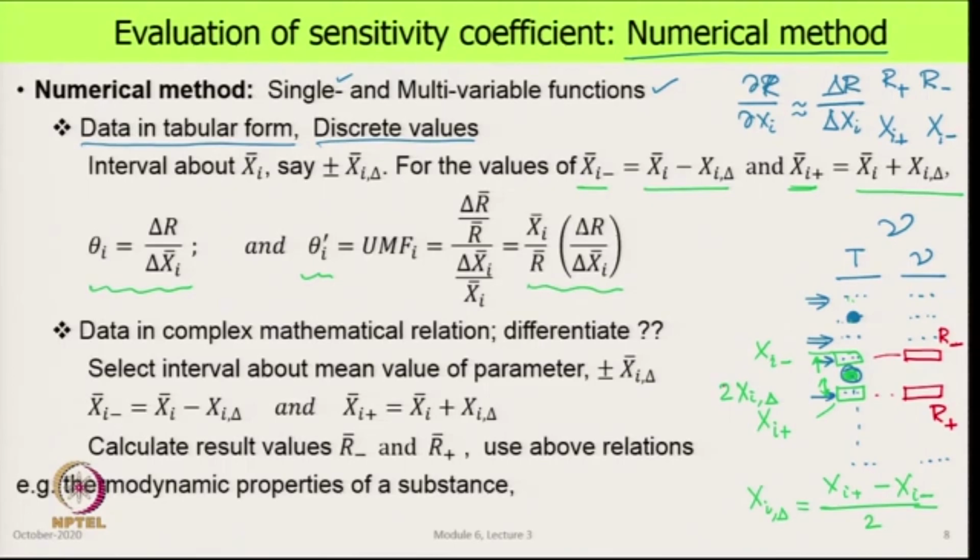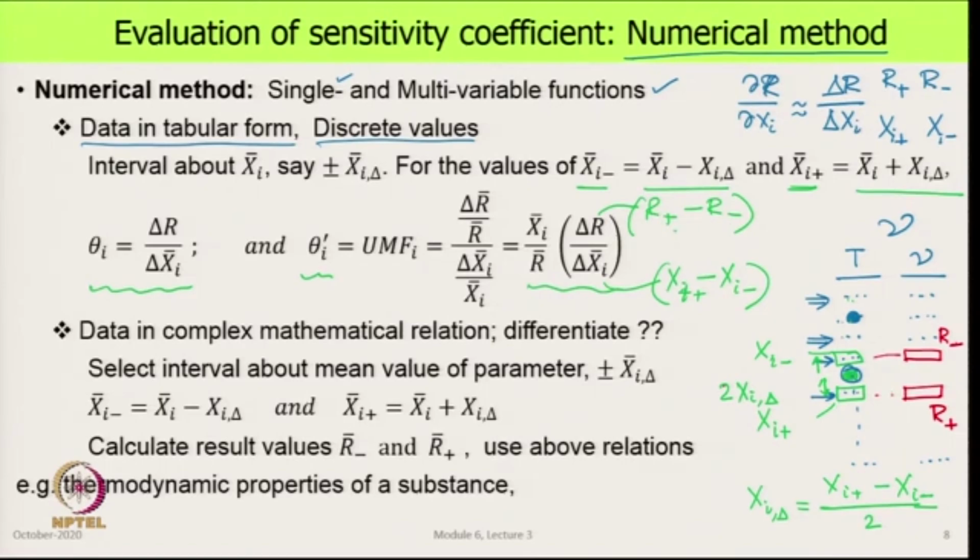Delta R is R plus minus R minus, and in the denominator we have xi plus minus xi minus. These values are known, all these 4 values are known from this table.